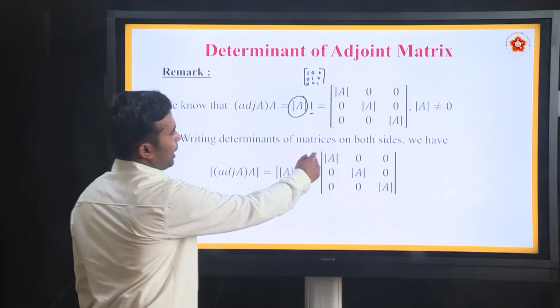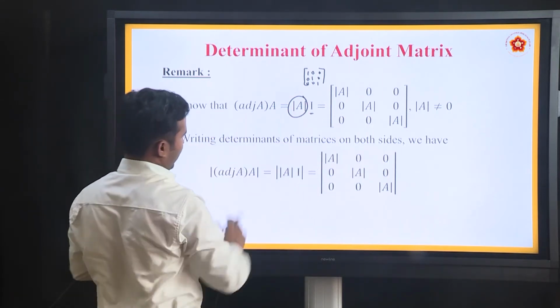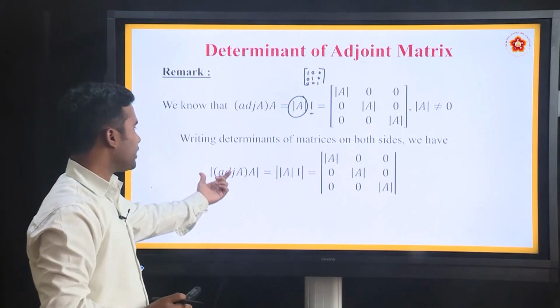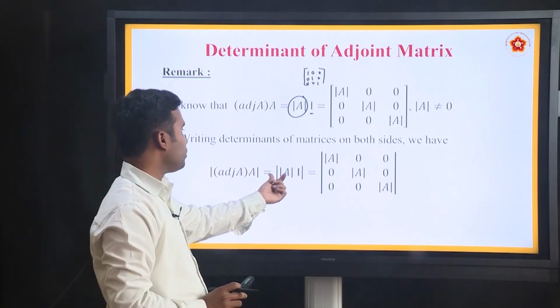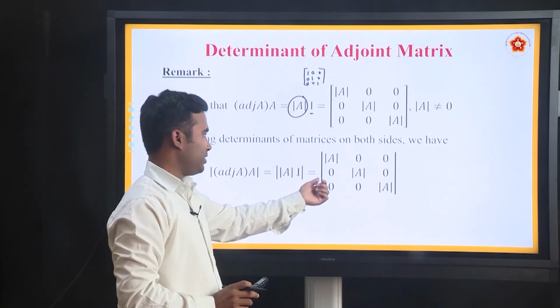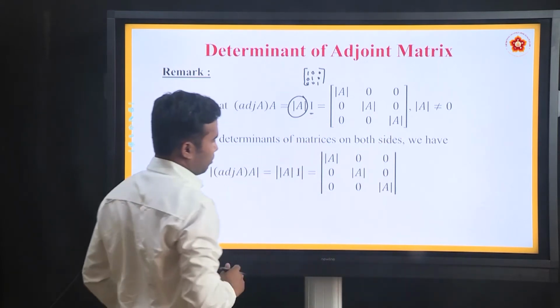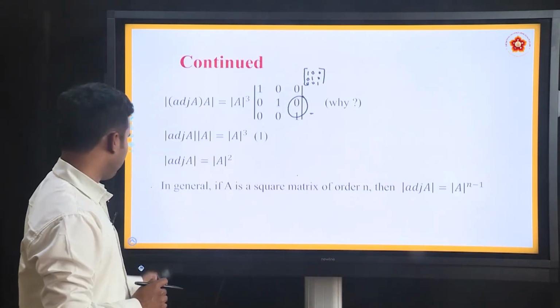Writing the determinants of the matrices on both sides, you take determinant on both sides. What you are going to have is determinant of adjoint A into A is equal to determinant of A into matrix I. Since we have taken determinant on both sides, it becomes determinant.